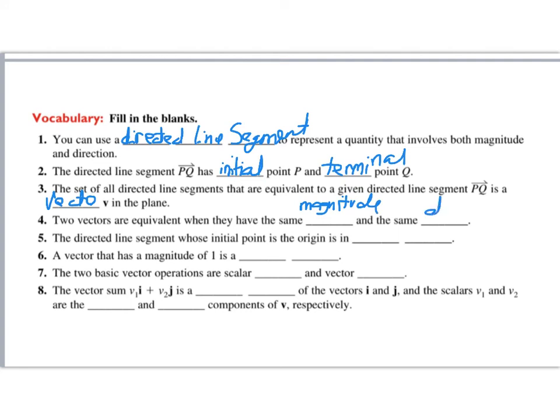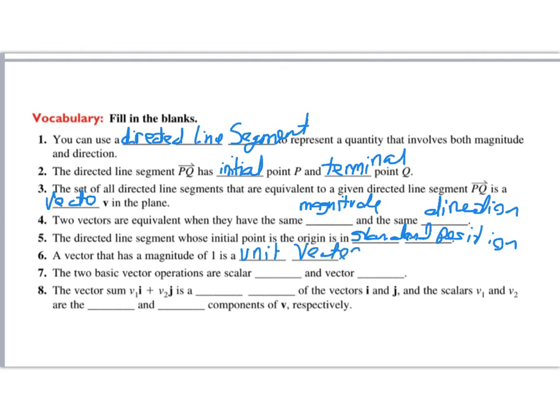And the same direction. That's how you know if they're equal, they have the same length and the same slope. And then this is your standard position. Okay, number 6, the answer is the unit vector. Remember, it's 1 unit.